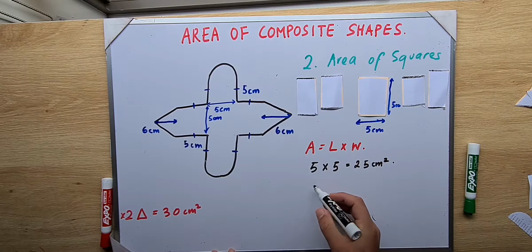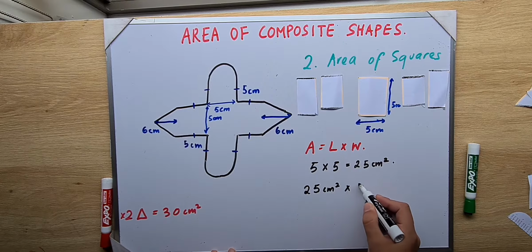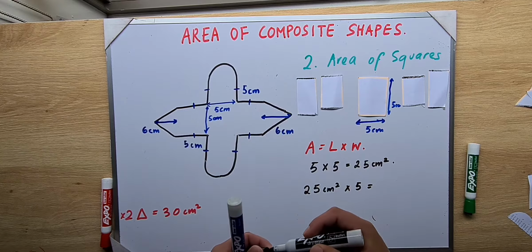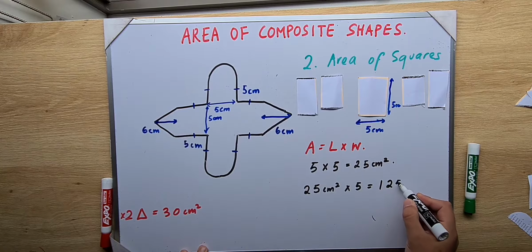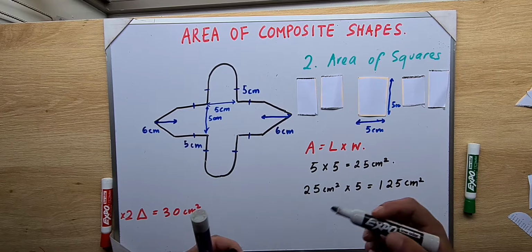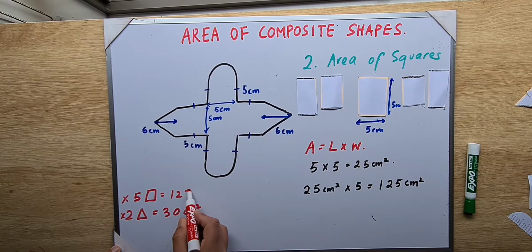So I'm going to have to multiply 1 square by 5, and that will give me 125 centimeters squared. So I'll also make a note of that. My 5 squares, the area of them all together is 125 centimeters squared.